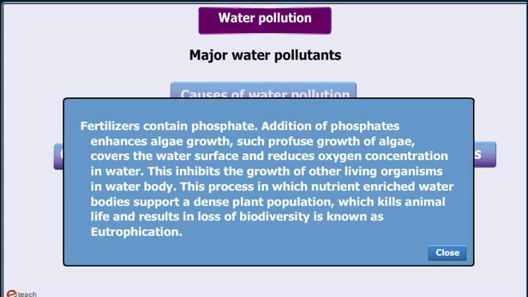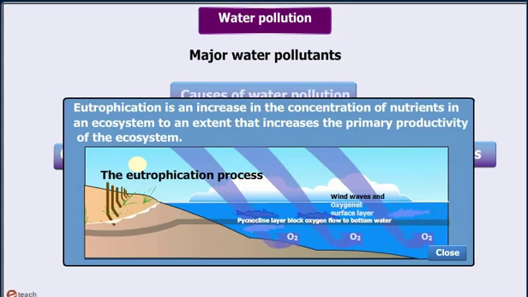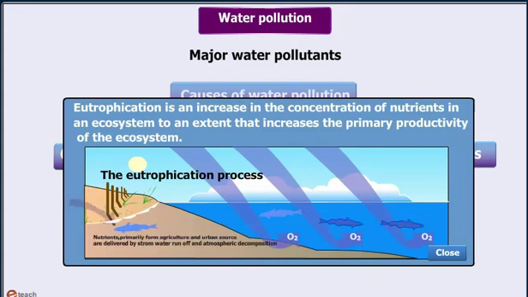This process, in which nutrient-enriched water bodies support a dense plant population, which kills animal life and results in loss of biodiversity, is known as eutrophication. Eutrophication is an increase in the concentration of nutrients in an ecosystem to an extent that increases the primary productivity of the ecosystem.